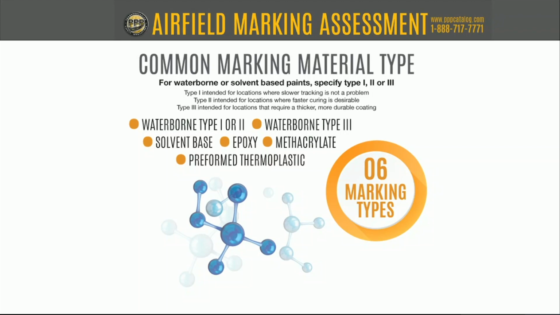I predominantly see waterbornes, specifically the type 2, faster drying, but we're starting to see a lot more of the waterborne type 3s. There are some very special characteristics that go along with the waterborne type 3.